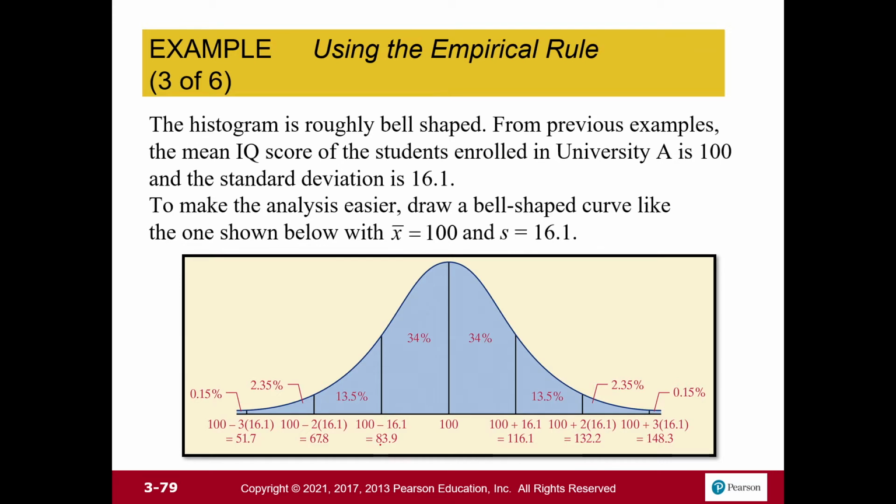So we know 68% of the data will be between 83.9 and 116. Scores between 116 and 132, about 13.5% of the values will be 13.5.